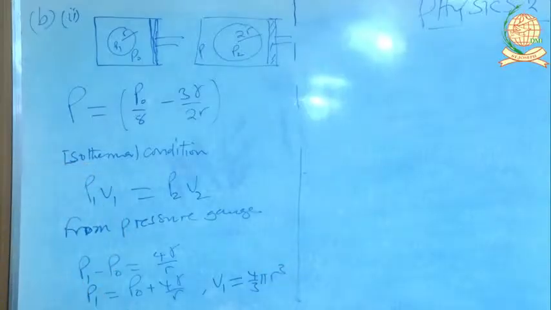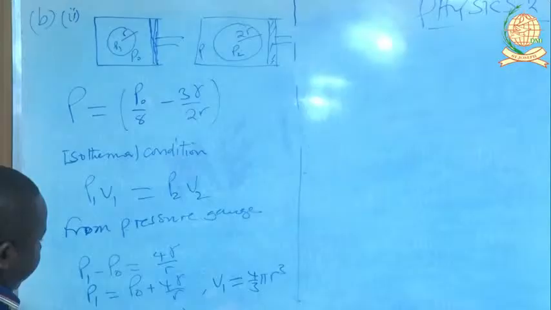For the second bubble, you do the same. P2 will be equal to P plus 4 gamma over R2.